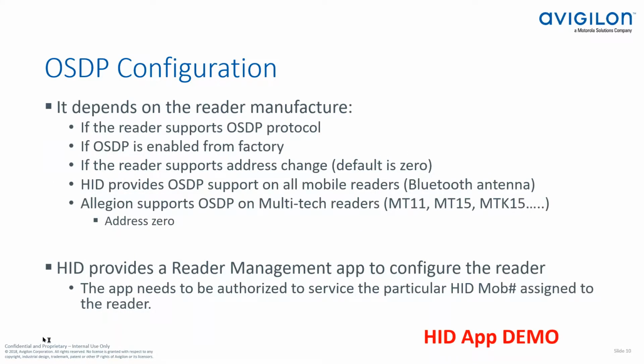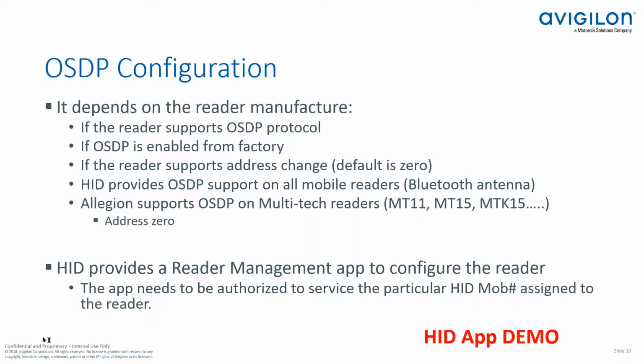Next slide here. Again, it depends on whether the reader manufacturer's protocol is there or not. Before you venture out there and do OSDP, just make sure that the reader is capable of doing that. Some of the readers are now coming, especially HID, enabled from factory for OSDP. So if you want to use Wiegand, you will have to use their HID mobile application to switch from OSDP to Wiegand.